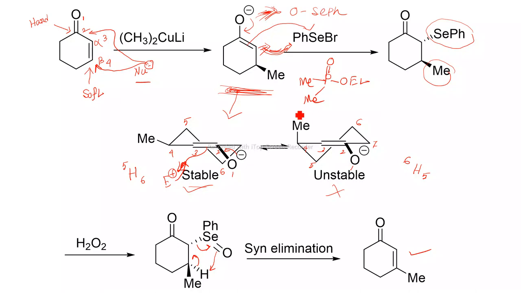Okay, again the same concept comes. Again carbon is soft in nature and oxygen is hard in nature. So this oxygen center is hard in nature and this carbon center is soft in nature. Our selenium is soft, that's why with soft interaction we get this product.